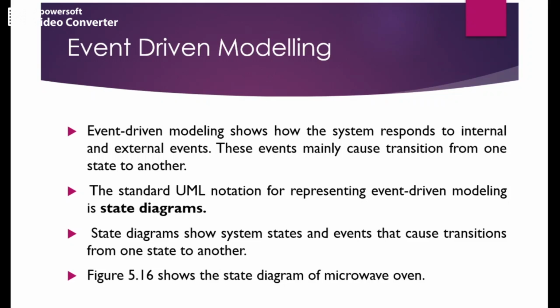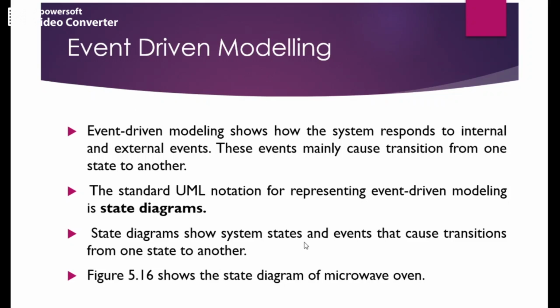The standard UML notation for representing event-driven modeling is the state diagram. Earlier in the beginning we saw there are 5 diagrams which you are going to use in UML. The last one is the state diagram. What does a state diagram show?